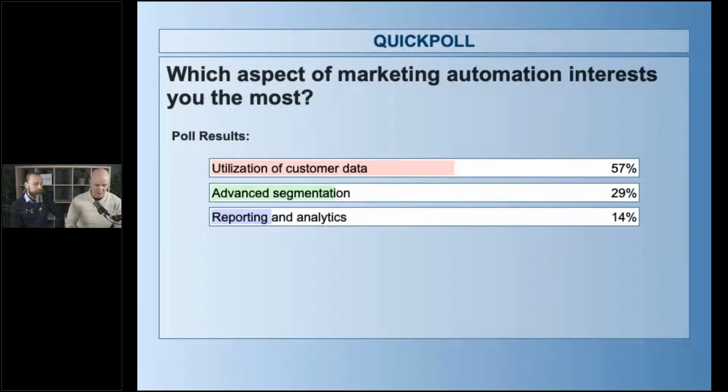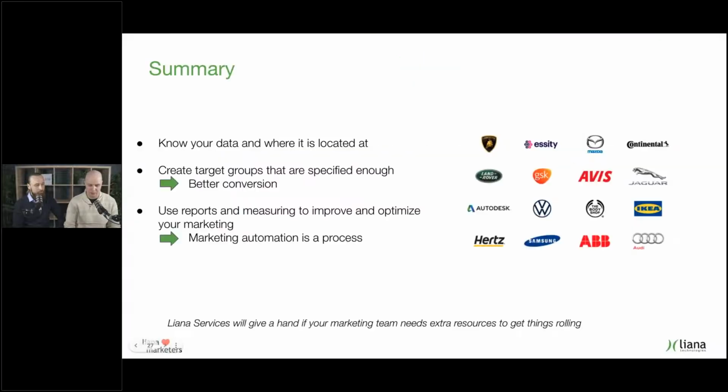So customer data utilization is the winner today, and then advanced segmentation and reporting analytics. Maybe your answer was different in the beginning and has now changed, but however, we are moving to the summary now, and let's hide those results so you may see the presentation again.